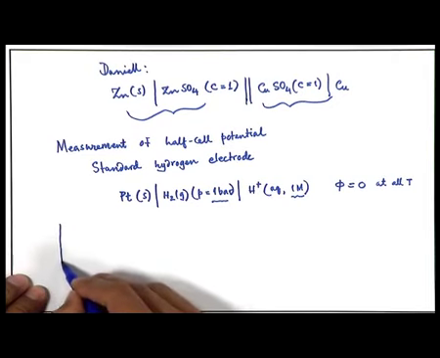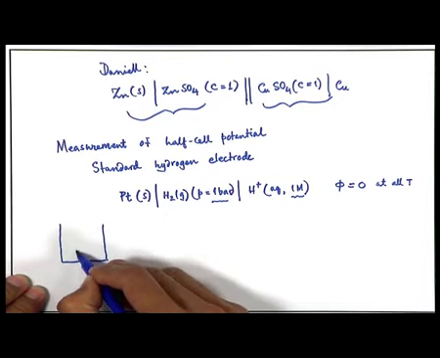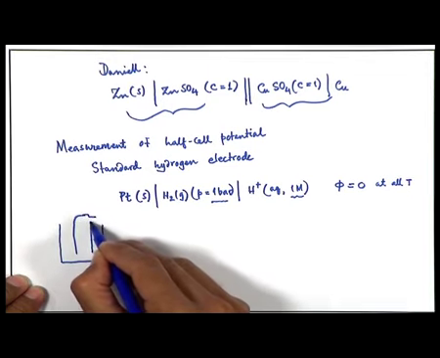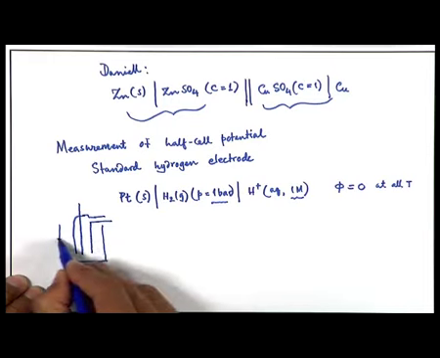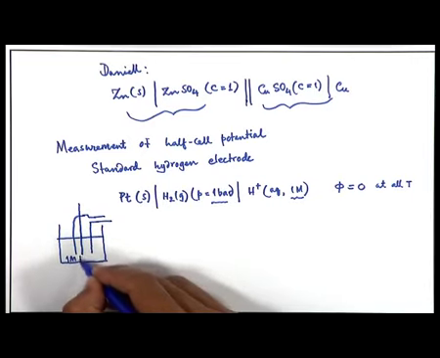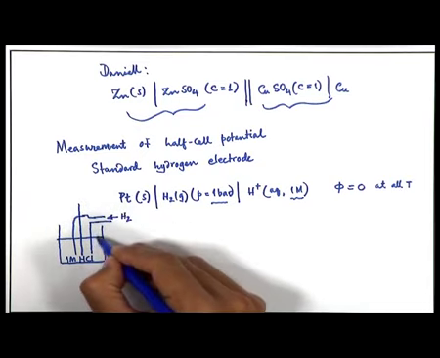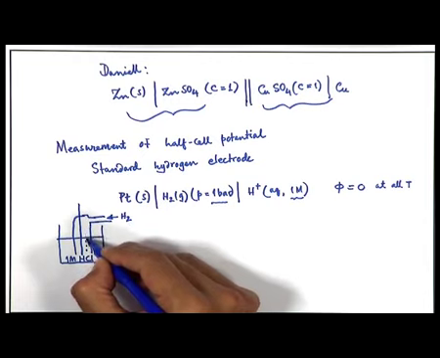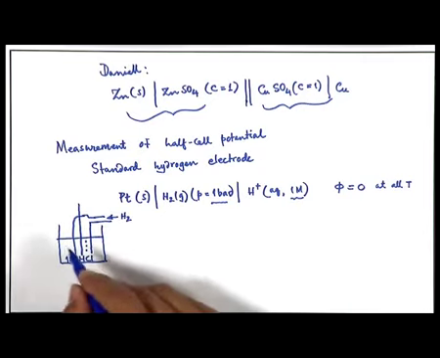Pictorially I can draw it like this: you have platinum wire, platinized platinum wire, and this is 1 molar HCl, and pure hydrogen gas is bubbled over here, so that the solution is saturated with hydrogen, whatever may be the solubility of hydrogen.